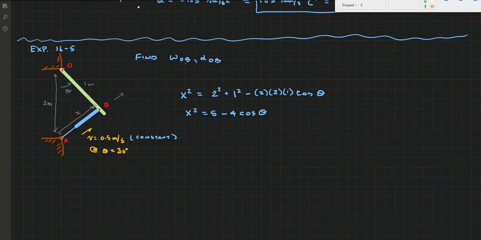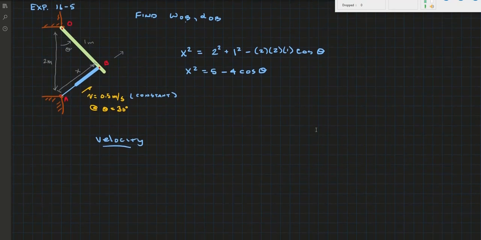So let's start taking derivatives here. So for our velocity, we have the derivative. Now, one of the reasons I want to do this is because you have to use implicit differentiation, which means we take the derivative with respect to time of x squared equals the derivative of the other side, or f of theta.